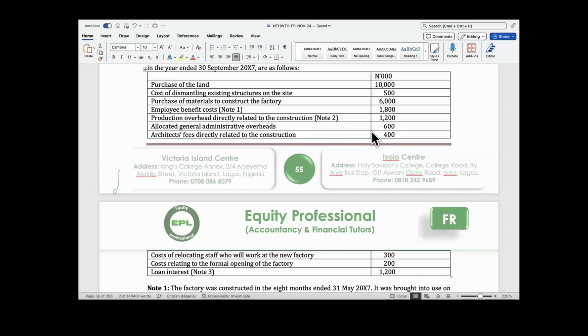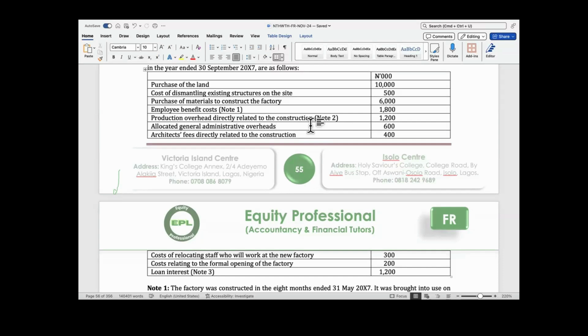So the next one is allocated general administrative. Is that not wastage? It's not wastage. It's different from wastage. Again, finished products, the way we see them, are different from the ones under construction.